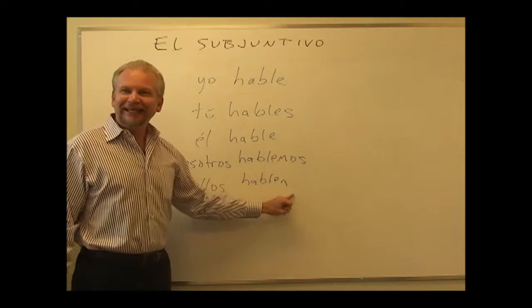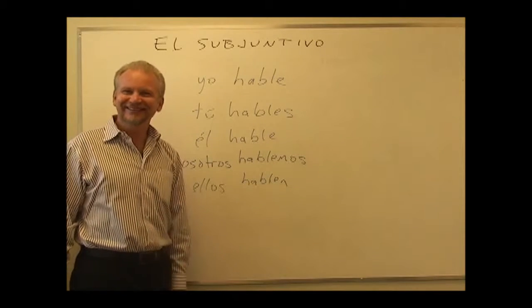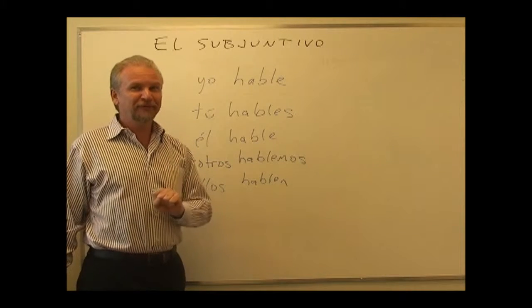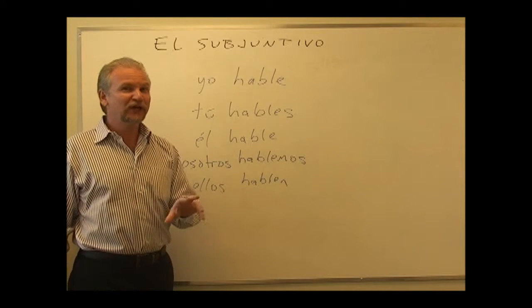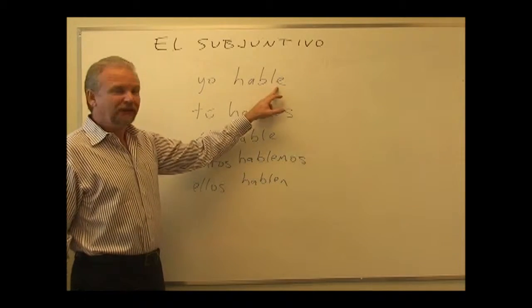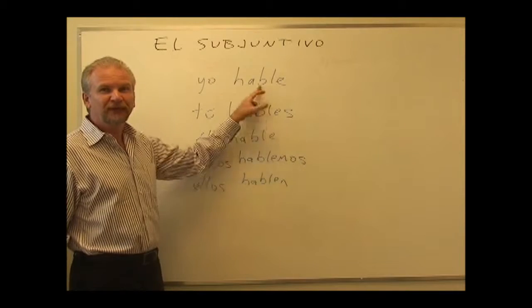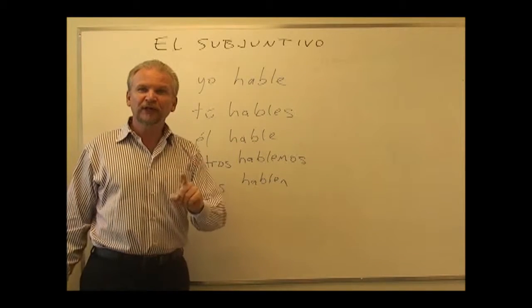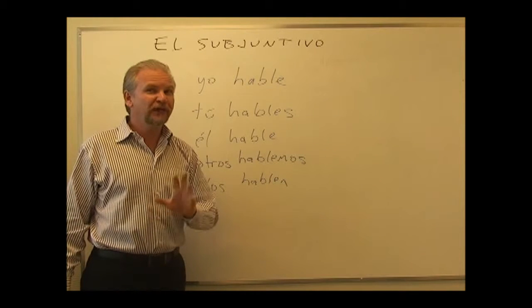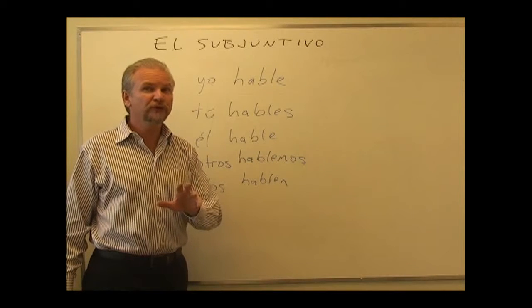Ellos hablen. Isn't that interesting? Sort of fun. It's like the AR verb, all the A's get changed to an E. And even the yo form is written similarly to the él, ella, and usted form. Let's take a look at the other conjugations, and then we'll figure out how we use this tense.